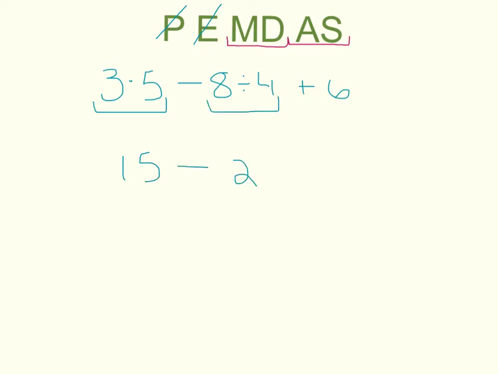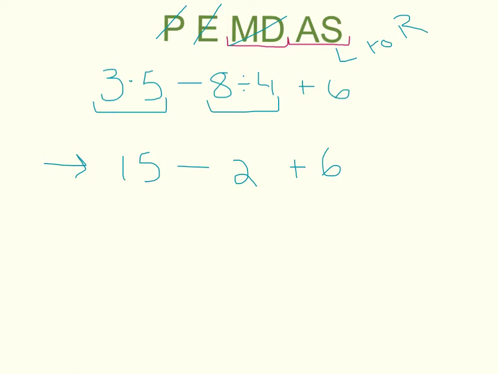And then just bring down everything else from above. So now we finished our multiplication and division, and we go to addition and subtraction. And this is what I mean by you don't always add before you subtract. As you can see, we only have addition and subtraction left over, so we're going to go left to right.